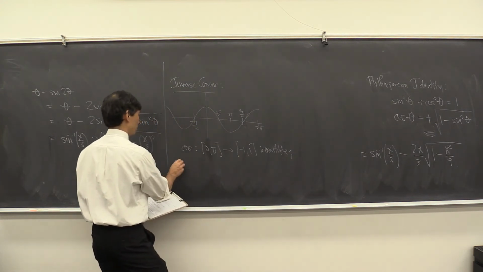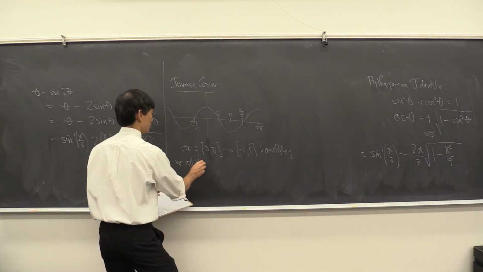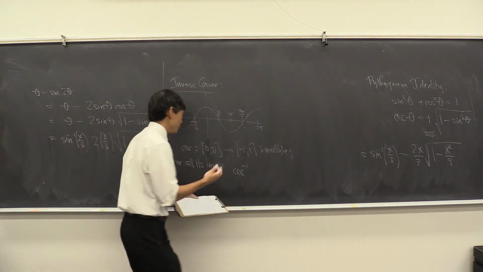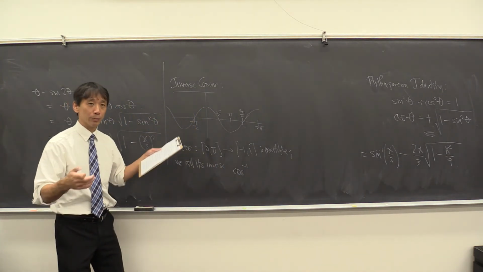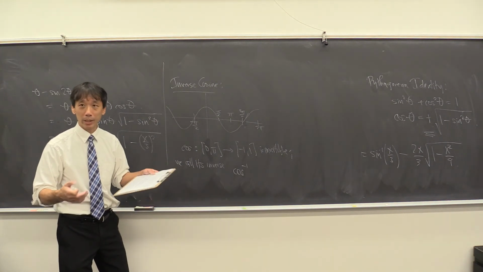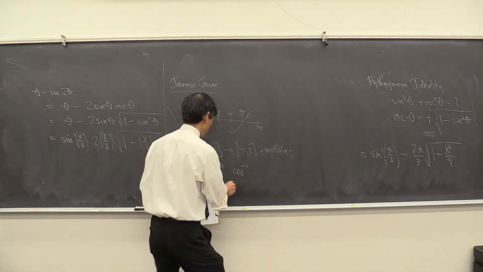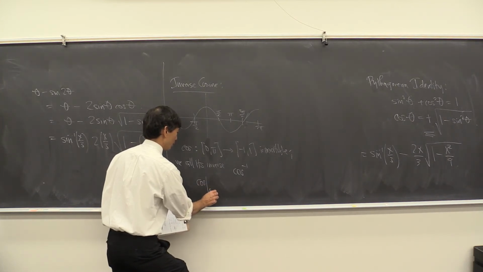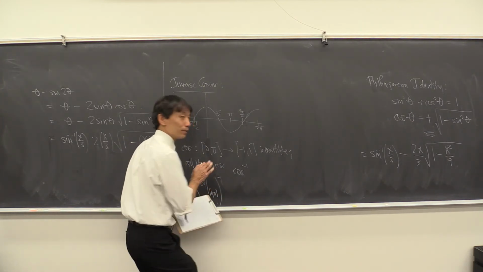And we call its inverse cosine inverse. Although that's really cosine restricted to 0, comma pi, inverse. Really, it should be written something like cosine of the restriction to 0, pi inverse.